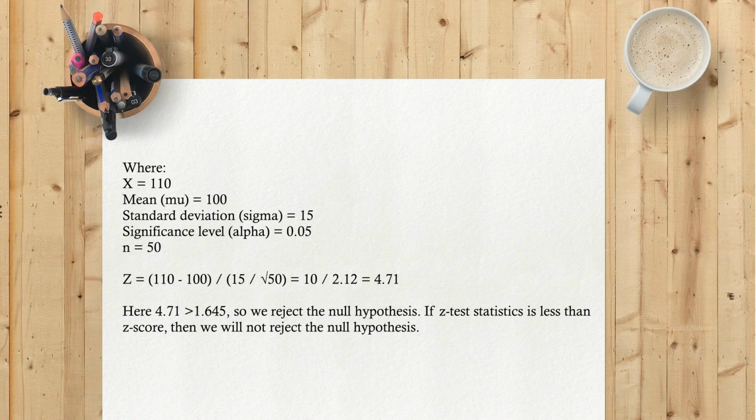Z equals 110 minus 100, divided by 15 divided by square root of 50, equals 10 divided by 2.12 equals 4.71. Here 4.71 is greater than 1.645, so we reject the null hypothesis. If the z-test statistic is less than the z-score, then we will not reject the null hypothesis.